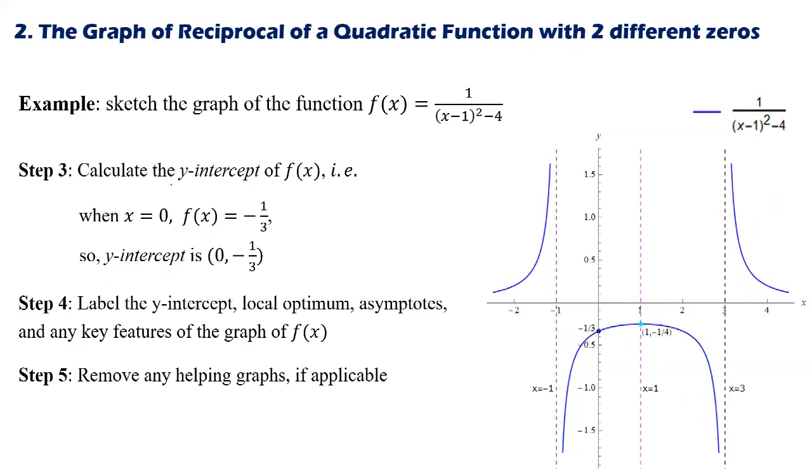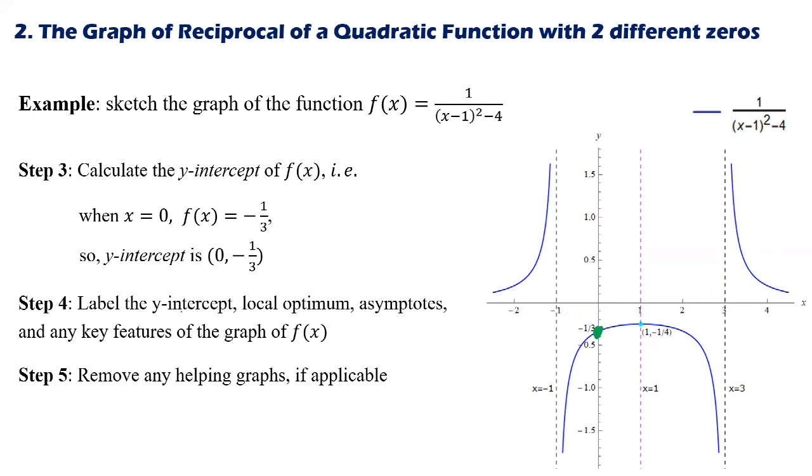Okay, next step, calculate the y-intercept of f(x). So in order to calculate this y-intercept, we can just let x be 0, right? If x is 0, we can easily calculate f(x) is -1/3, which is here, right? So usually we'll need to label this point on the graph.